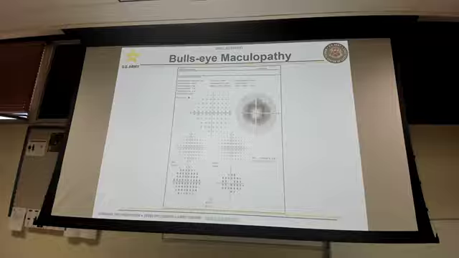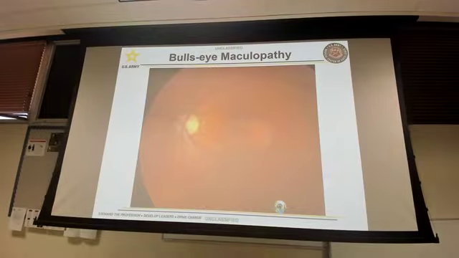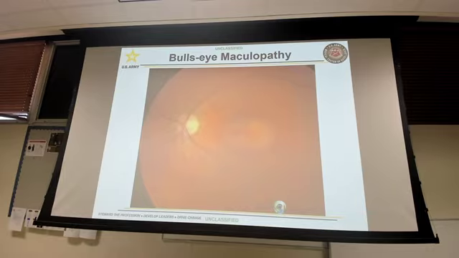And so remember looking at the fundus photo, you saw that bullseye pattern over the macula. This translates over to a bullseye loss of vision on the visual fields test. And then there's another depiction of bullseye maculopathy.